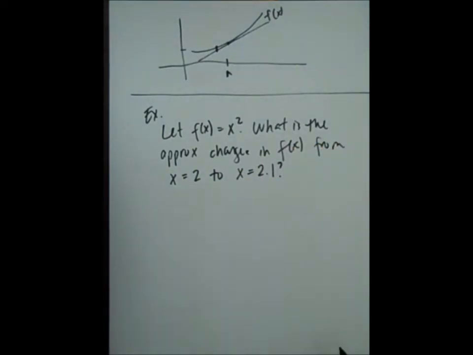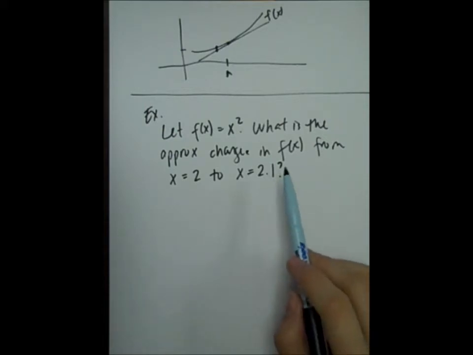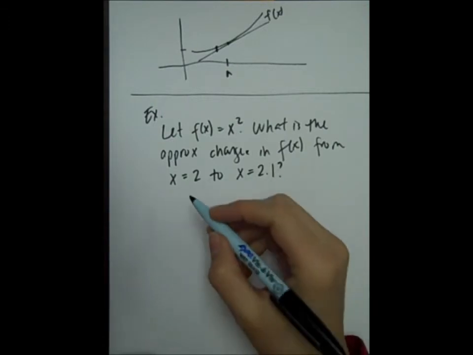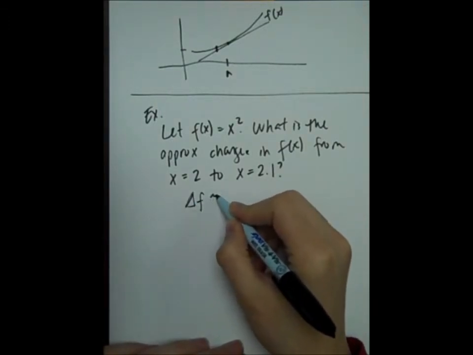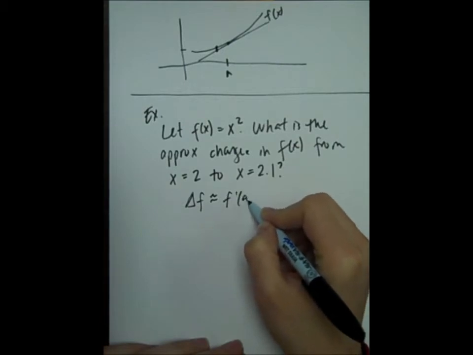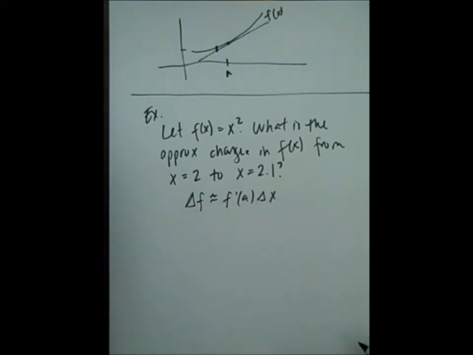So the first question to ask is, are we looking for a change in f of x, or are we trying to estimate the value of the function? Well, the problem says what is the approximate change in f of x. So the equation that we're going to use is that the change in f of x is approximately f prime of a times delta x.